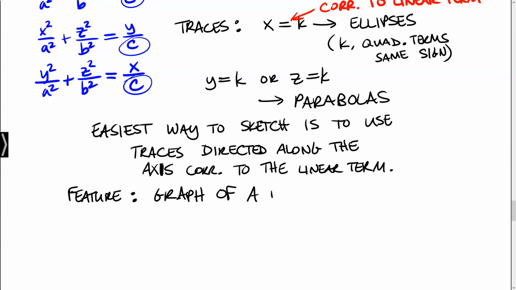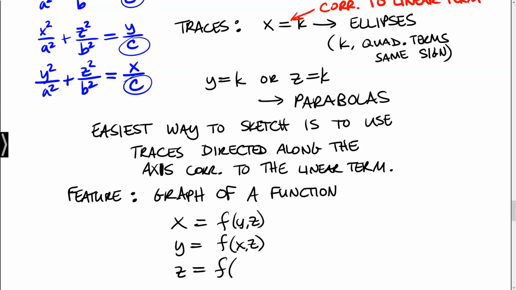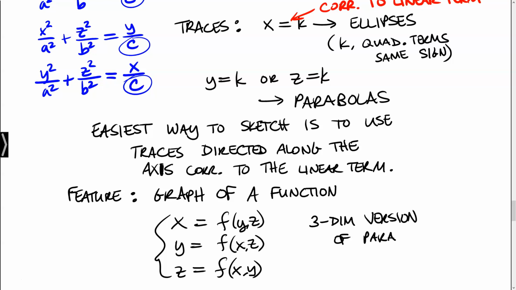So it's either x equals a function of y and z, or y equals a function of x and z, or z is equal to a function of x and y. One of those three. You can think of this as a three-dimensional version of a parabola, because it's a function of two variables, but each of those variables is allowed to go up to quadratic. So it's the best generalization of a parabola in 2 dimensions.